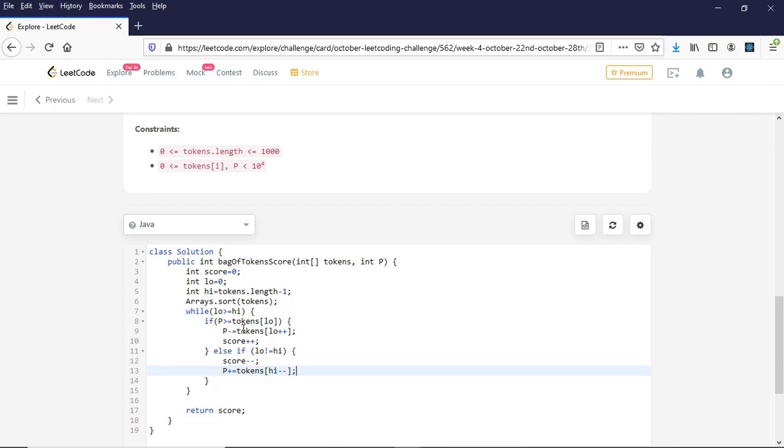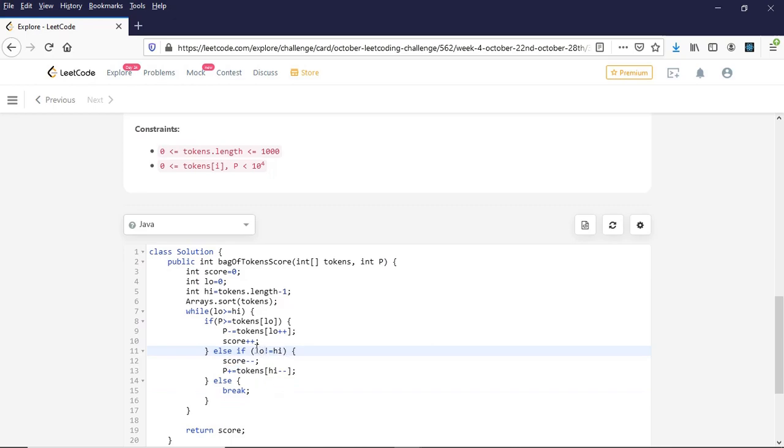So I am taking the highest token and also reducing the high value, that is the index of high. And after that here else, if both of them are not true, then I can directly break from this while loop. Okay, so let me check everything is good.